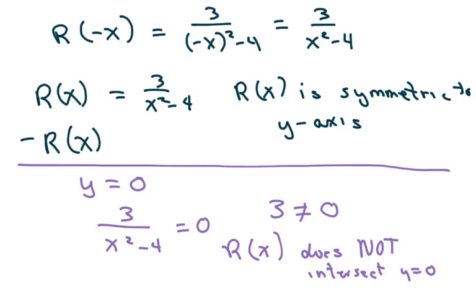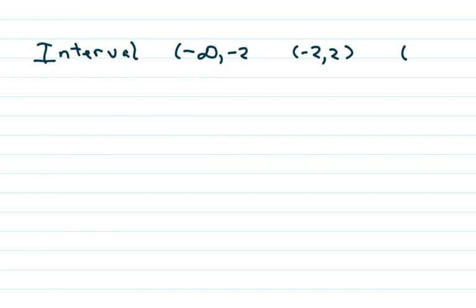Now you're supposed to put this in the calculator, but I'm going to act like I have to graph this by hand. I'm going to strategically pick intervals based off my vertical asymptotes. So I'm going to do the interval negative infinity to negative 2, negative 2 to 2, and 2 to infinity.